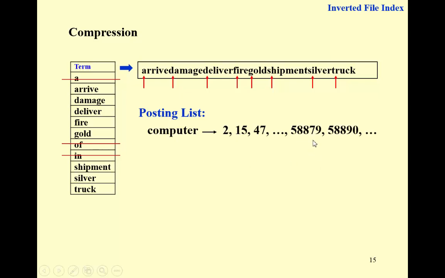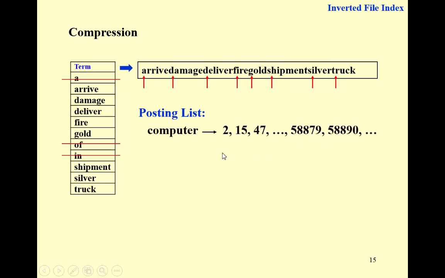A normal integer will not be large enough to hold document numbers, right? And then we can use what? Unsigned int. Or if unsigned int is not large enough, let's try long. But it's going to get larger and larger, and sooner or later, long is not big enough, right?